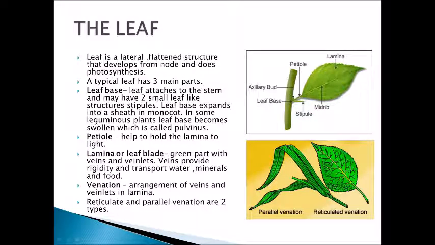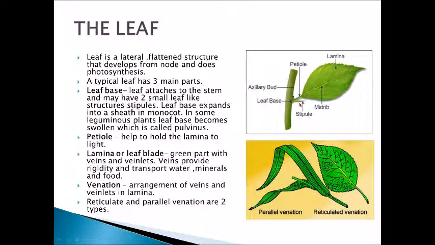And it may have two small leaf-like structures which are called stipules. This is the leaf base, and here is one small leaf-like structure and the other is on this side. So these are the stipules.